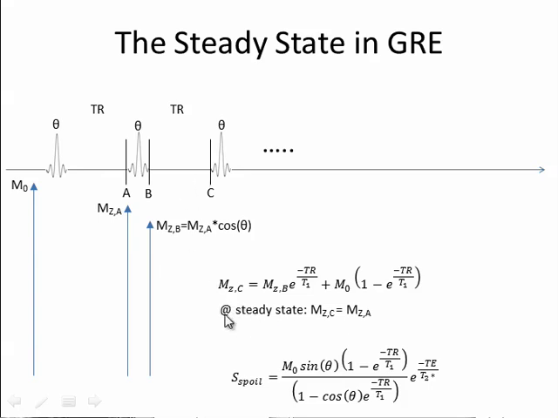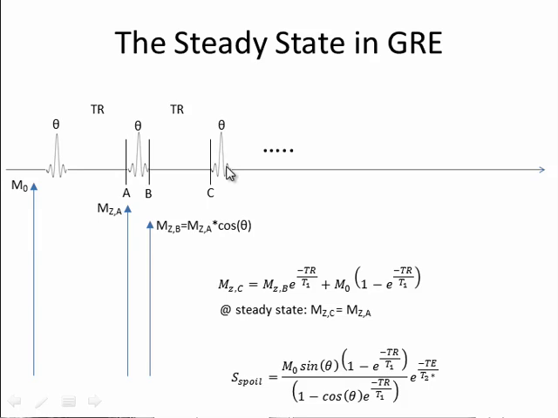To achieve the steady state, we want the situation where these pulses just keep repeating, so just picture these as being repeated. We want the situation where MZ at some C down the line equals MZ at some A down the line.